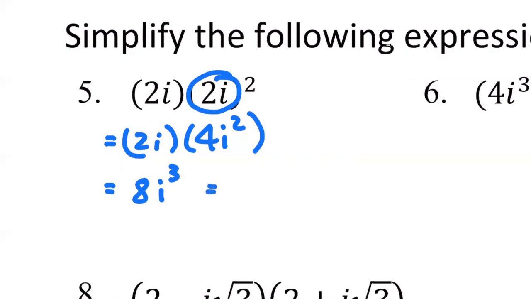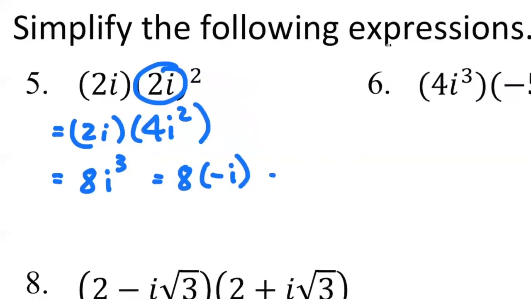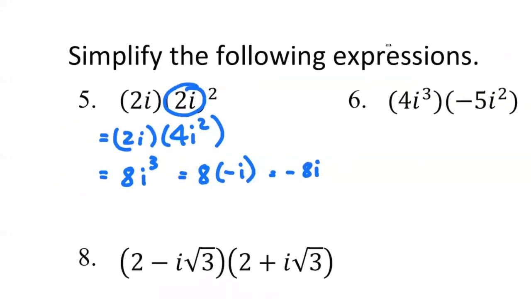So what's i cubed? Well, i cubed is negative i, remember from the previous segment. So our final answer is negative 8i. Again, we put the i at the very end. We put numbers in front of the i. So that's really what it is.